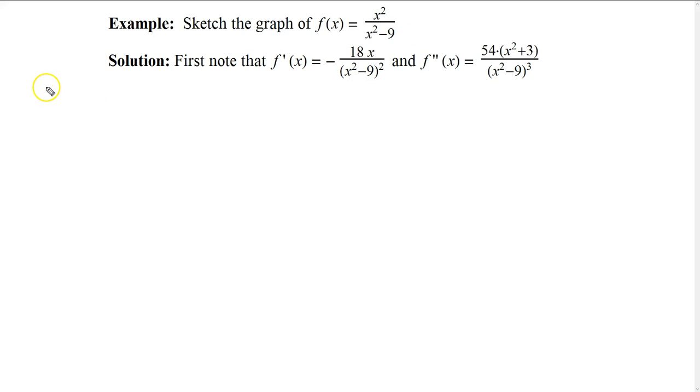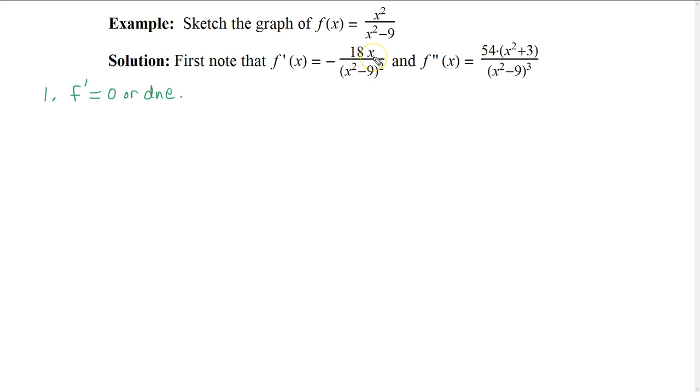Now, the first thing we want to do to graph this function is to find where f of x is increasing and decreasing. So we want to find where the derivative is positive and negative. To do that, we first find where the derivative is 0 or does not exist. The derivative will equal 0 when the numerator is equal to 0.